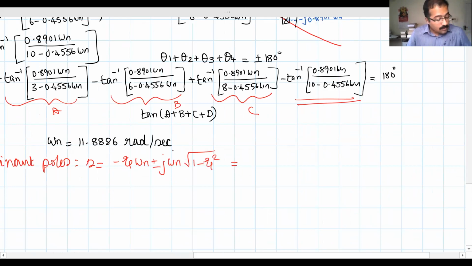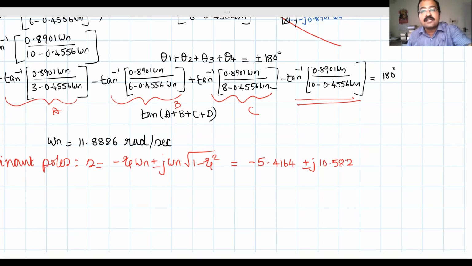Zeta is 0.4556, and omega n we have found. Substitute that and you will get your dominant poles as minus 5.4164 plus minus j 10.582. Right. So we have identified the equivalent second order configuration of the given third order closed loop system.